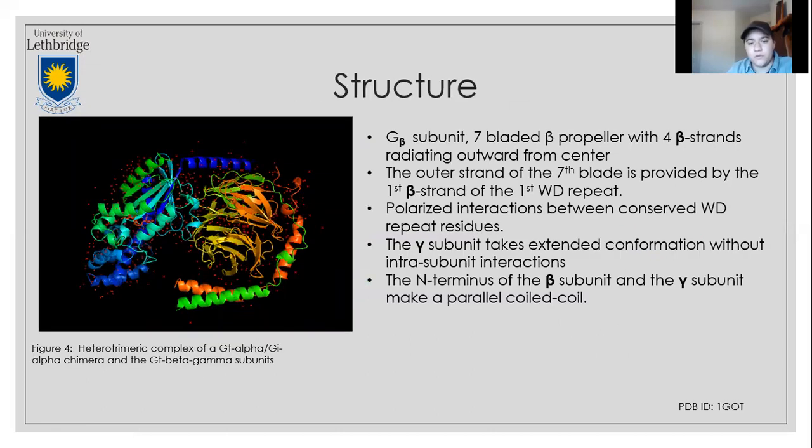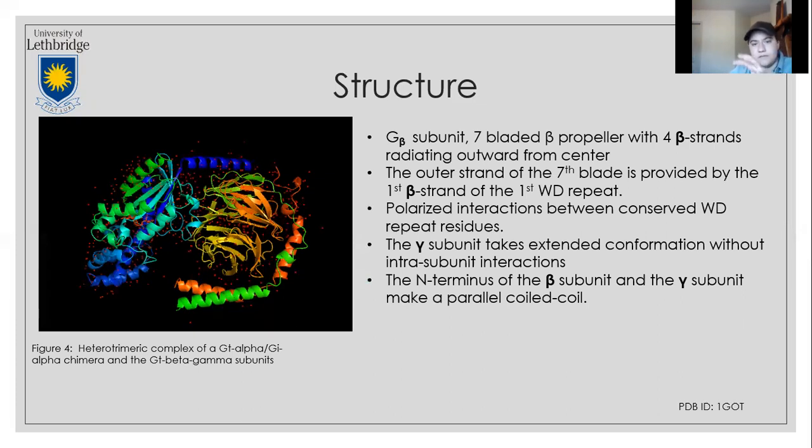So a few important things to notice about the structure of the heterotrimeric complex of the transducing alpha, beta, and gamma subunits are that the beta subunit, to start with, has a seven-bladed beta propeller with four beta strands facing outwards from the center of the structure.